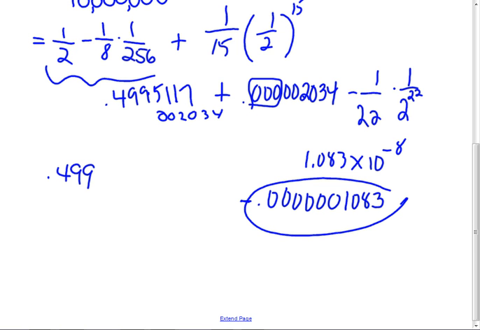Okay, I've got this lined up wrong. 5 and 2 is 7. 1, 3. Oh, no, those are zeros. Never mind. What am I doing? So it's 5, 1, 3, 7, 3, 4.